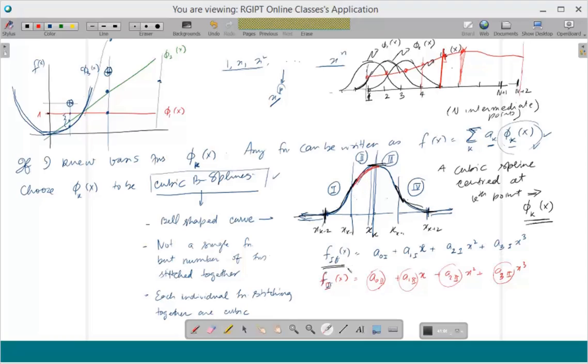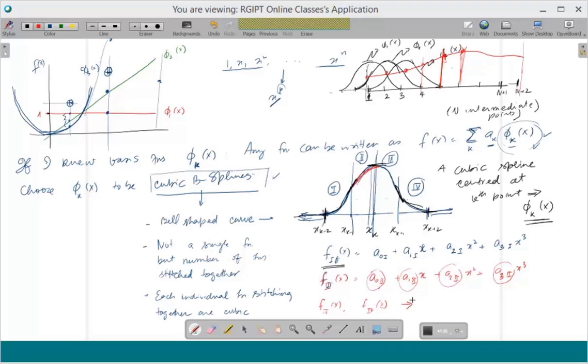So now you have these conditions imposed on F1, F2, F3, and F4. Similarly, I'll have F3 of X and F4 of X.